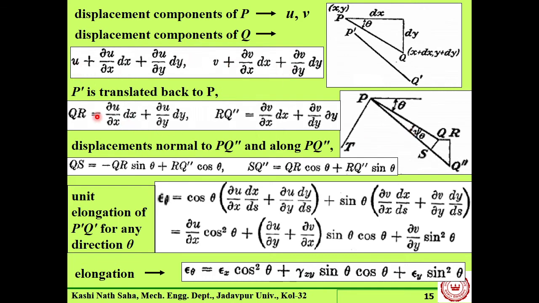We are getting this as QR, and R Q double prime is this part only. Okay.